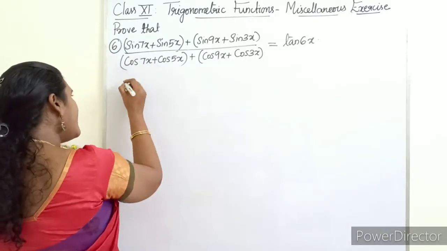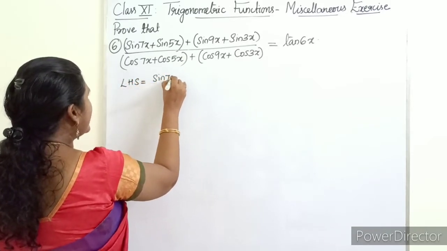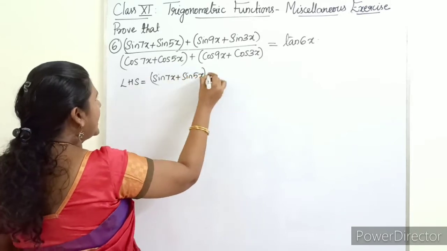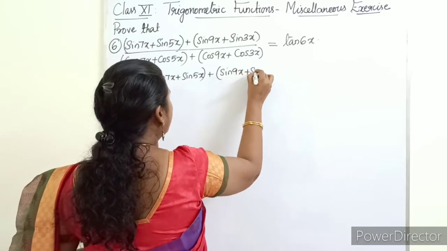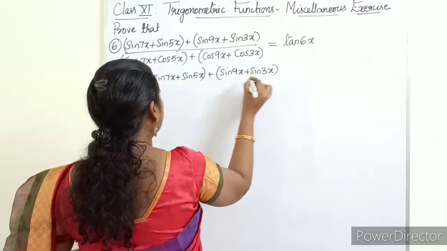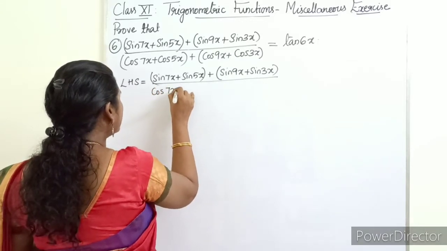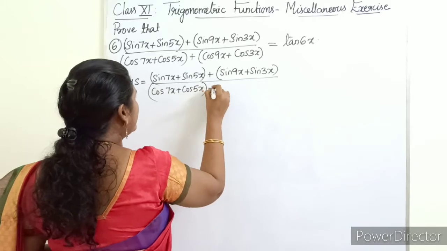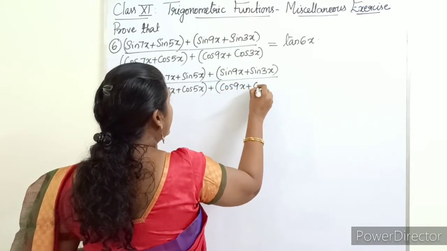So here we will start with the LHS expression, that is (sin 7x + sin 5x + sin 9x + sin 3x) divided by (cos 7x + cos 5x + cos 9x + cos 3x).